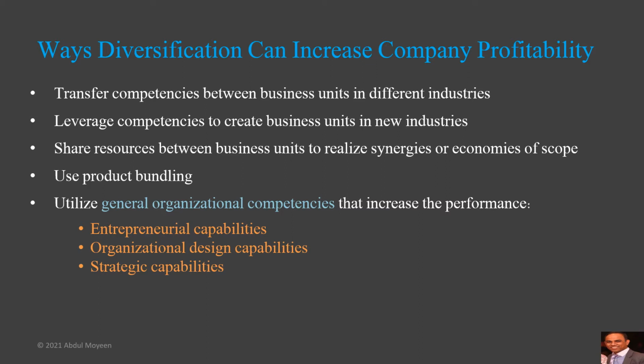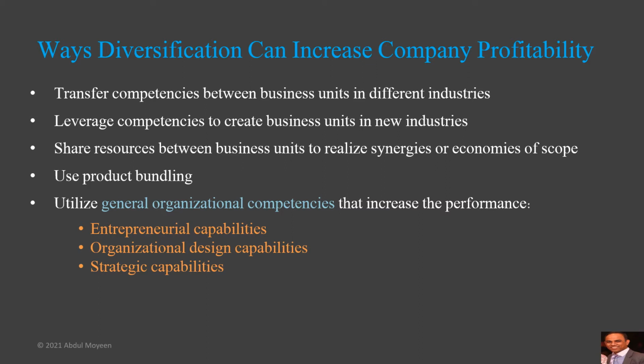Third one, if the company's business units are able to share the resources and capabilities between them, although they operate in different industries. This is how they can realize synergies or economies of scope.